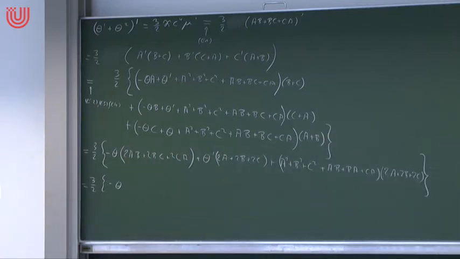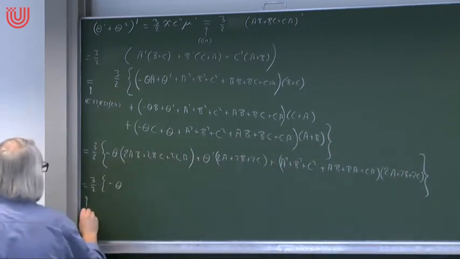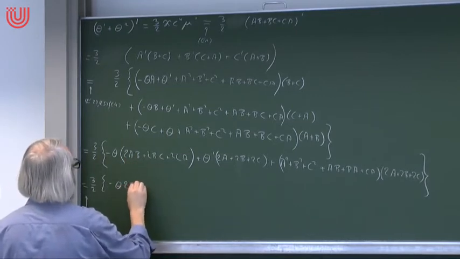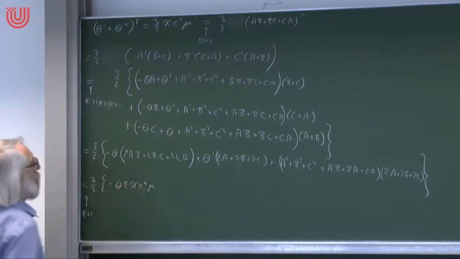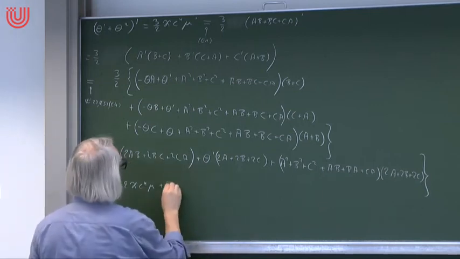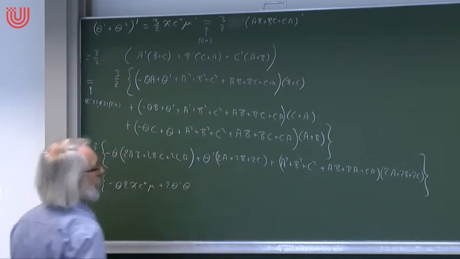This is 2 times kappa c to the 4 mu, with E1. So this is 2 times kappa c to the 4 mu. That's the first term. Then I have plus 2 theta prime, and A plus B plus C is just theta.